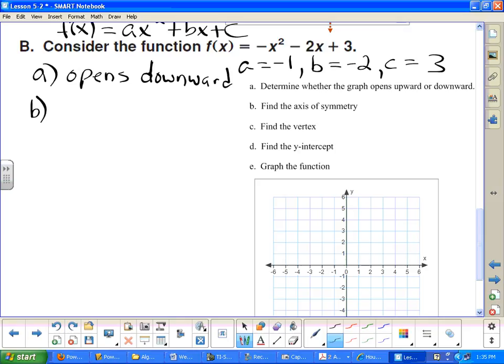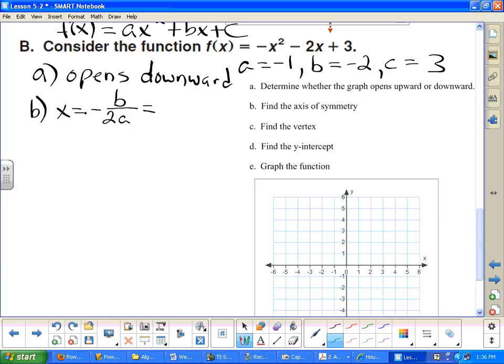And B, they want us to find the axis of symmetry. So that's the line that cuts the graph in half. And we find that by doing -b over 2a. All we have to do is plug in those numbers.